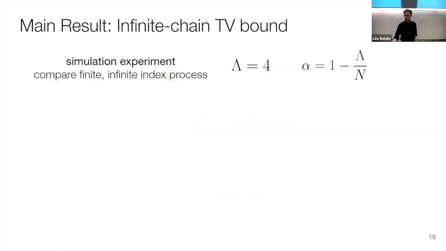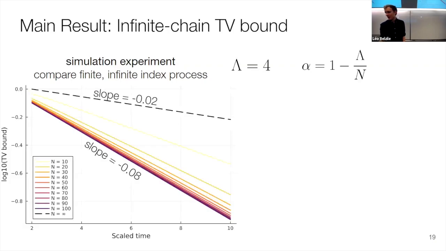One last final simulation experiment. We compared, in this case, the finite index process to the infinite index process to see if our bounds are actually reasonable. This is when we realized that we were losing a factor of 4. Let me just use an example of lambda is equal to 4, and alpha, my acceptance probability for the finite chains, is 1 minus lambda over n. 1 minus lambda over n is the asymptotic alpha that you would expect to get, so we just set it that way.